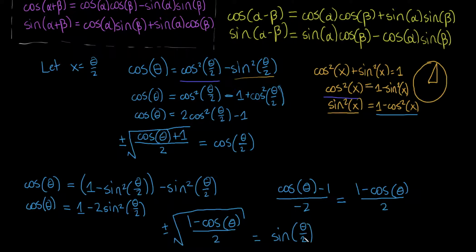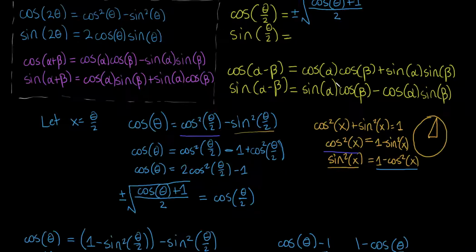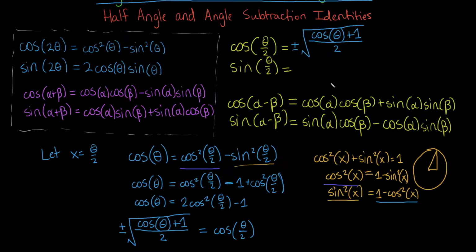It's interesting how both of the half-angle identities take this square root form. But of course it makes sense, because you get them both from the cosine double angle identity, and you get that substitution from the Pythagorean identity. So let's write this down. This is the plus or minus square root of 1 minus the cosine of theta over 2.